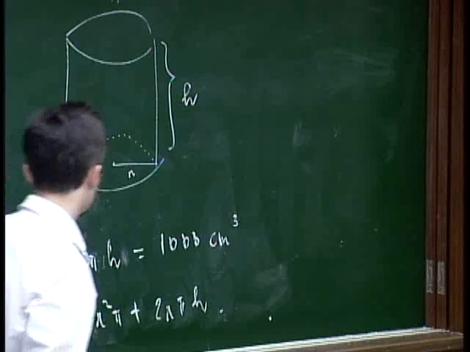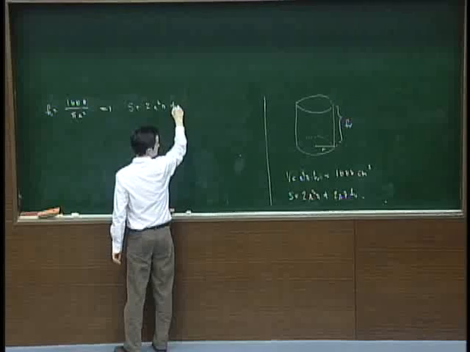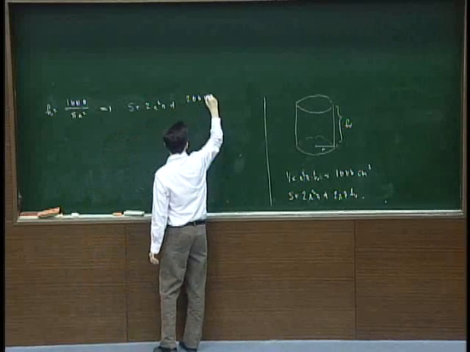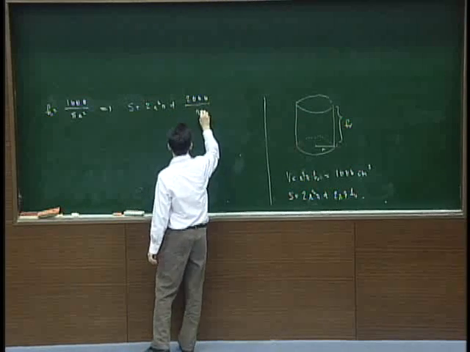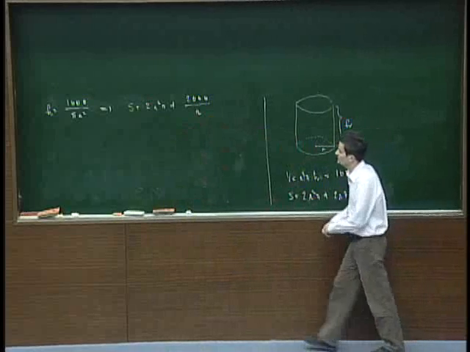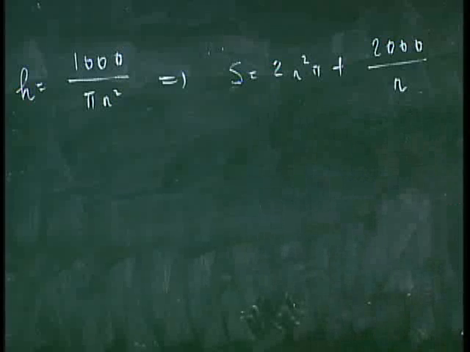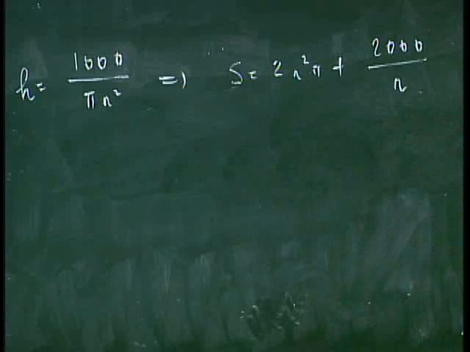We plug this into the function, so S is equal to 2 r squared pi plus 2,000 over r. Already from this function you see that if r tends to infinity, S will tend to infinity, and if r tends to 0 from the right, this function will tend to infinity as well. This is just what I have explained in terms of the geometric setting.